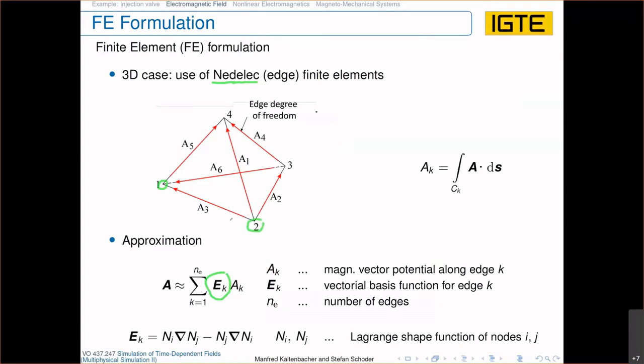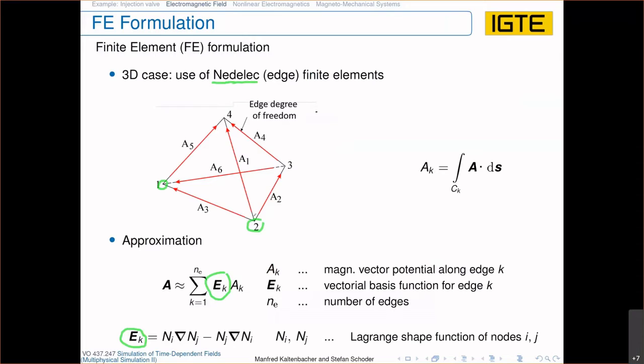And to get the basis function along this edge, you take here N_i, for example, N1 gradient N2 minus N2 gradient N1. i and j are just the labels of the nodes as shown here, 1, 2, 3, and 4. So you can use the standard Lagrangian shape functions, but with these Lagrangian shape functions, you construct now a vectorial basis function which you are using within the so-called Nedelec or edge finite element method. So that makes things quite different, but what is now clear is the following.